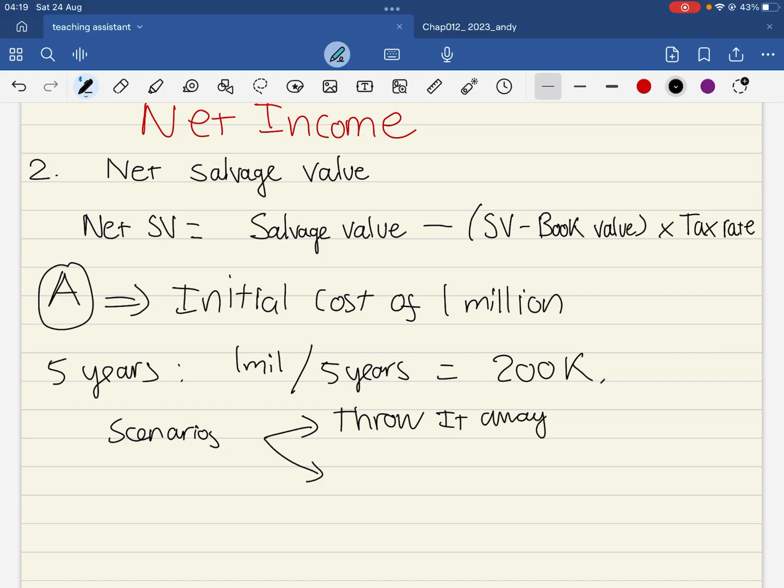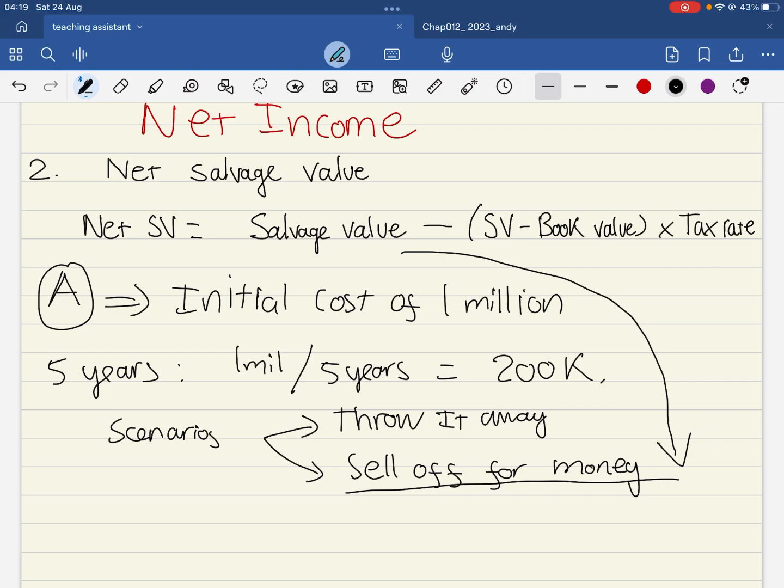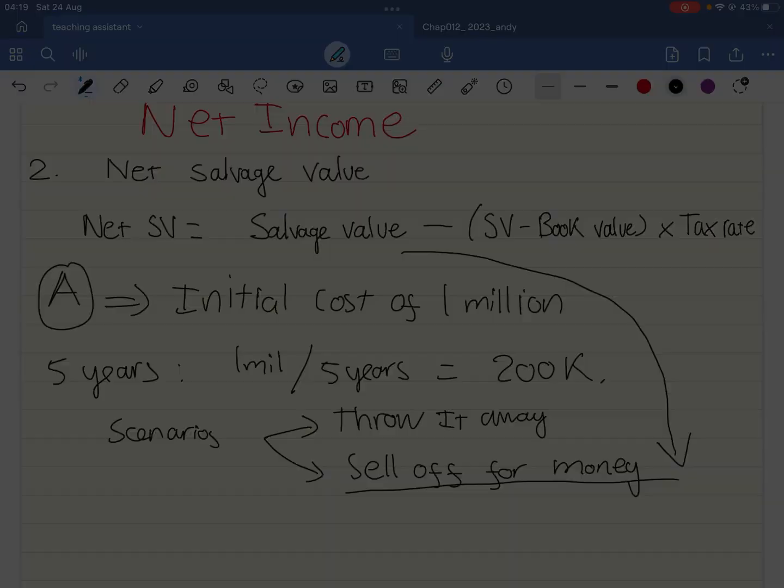Or you are lucky and you are a very good owner, and your asset is still usable, so you can actually sell it off for a little bit of money. In the case of selling off this asset, the money you make is the salvage value. It's the money you can get by selling the asset at the end of the depreciation.